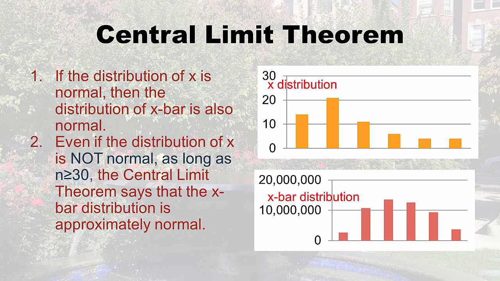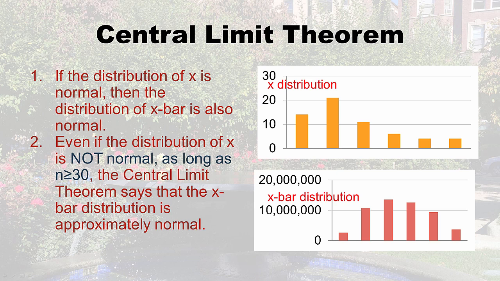But if you take an n bigger than 30 and take all of the possible samples and get all of the x bars, then even though the hospital beds would be skewed as an x distribution, their x bar distribution would be normal.